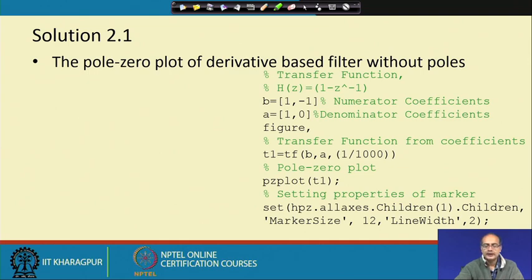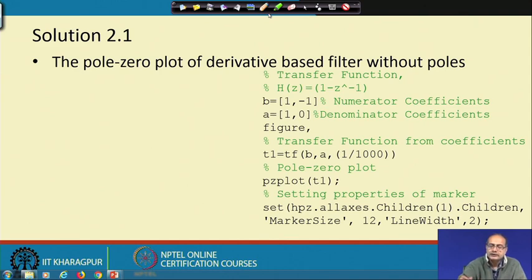So, first we would like to see the pole-zero plot. For that, first we initialize the polynomial coefficients b and a, these two vectors.